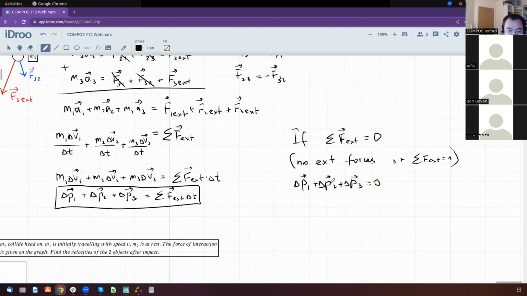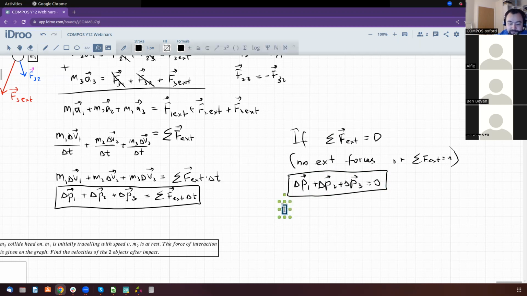So remember the conservation of momentum. If there are no external forces, the total momentum is constant. So we have just proved mathematically the conservation of momentum.